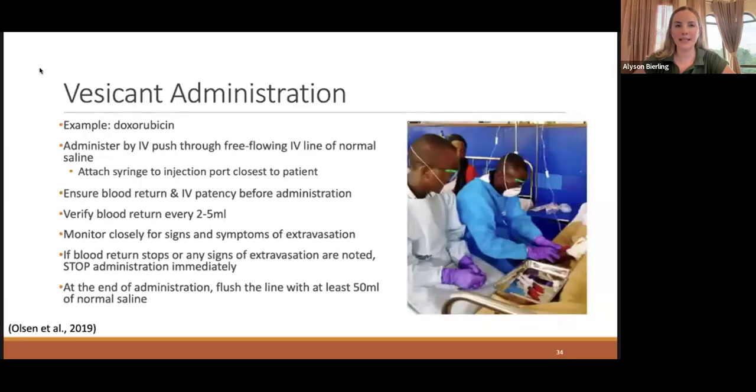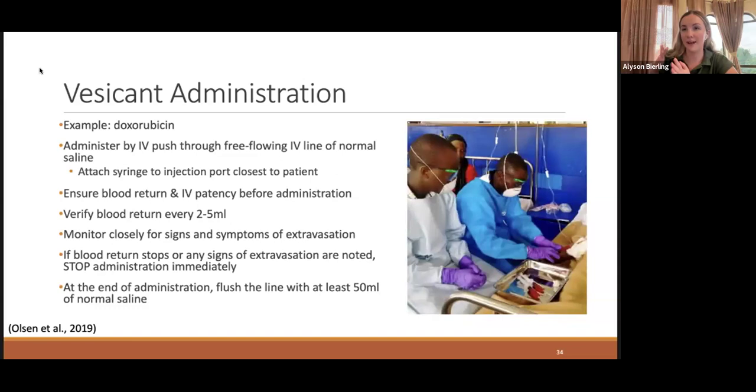We administer vesicants in a really specific way. It's administered by IV push. We want to limit the time that the administration happens, so we don't want to hang it in an IV bag and have it dripping over an hour.